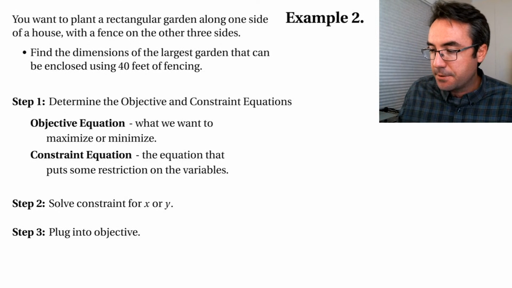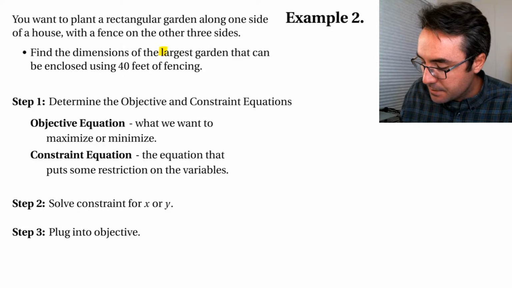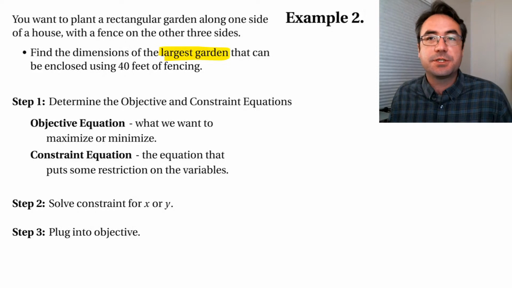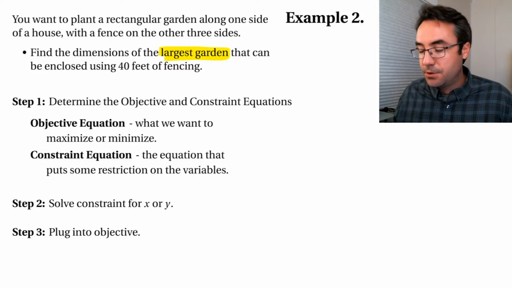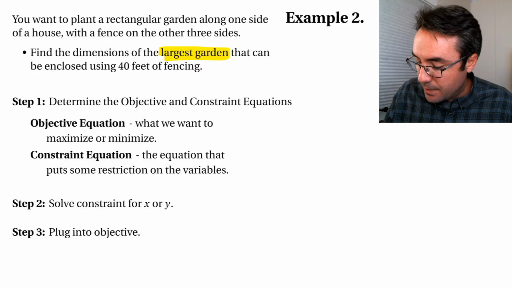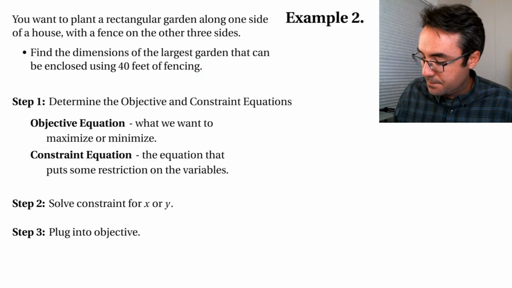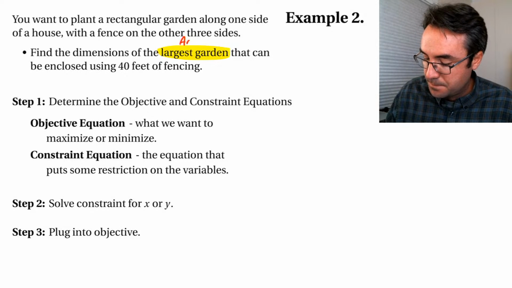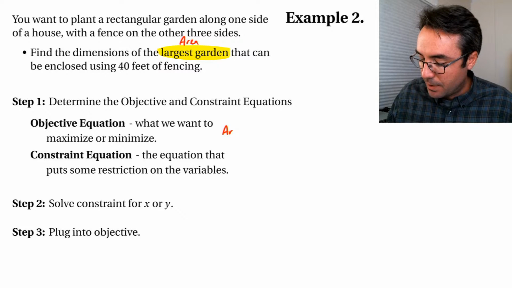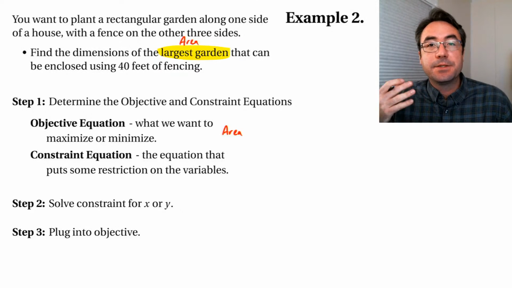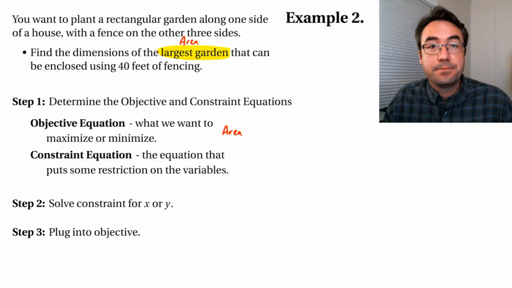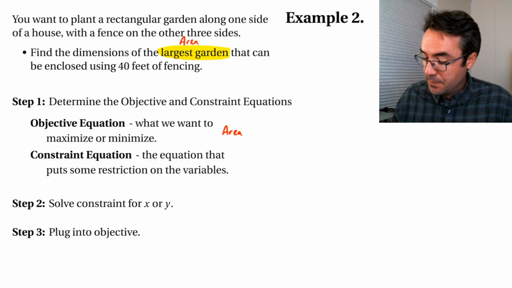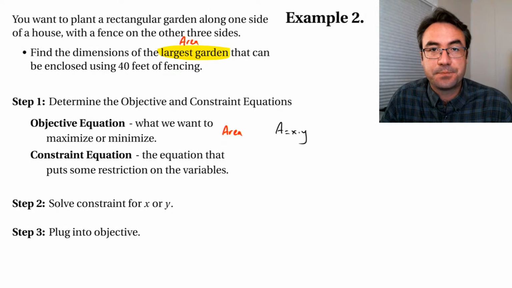What we're seeing here is we want the largest garden, and the way we would measure that is with area. So our objective equation is our area formula, x times y, area of a rectangle.